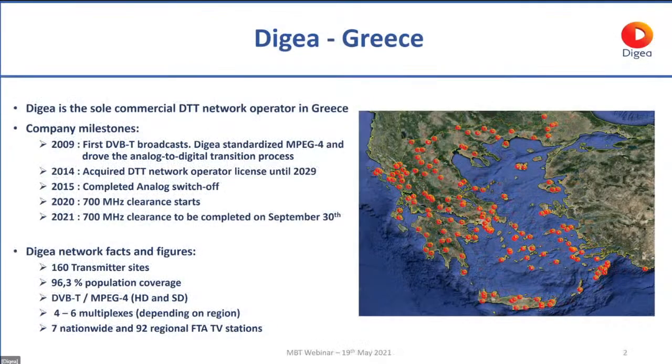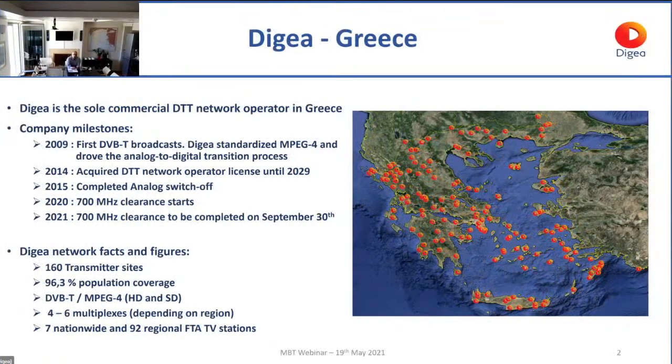Some milestones this year. The company has been established back in 2009. Then in 2014, we acquired the network license that expires in 2029. We completed the analog switch off in 2015. And last September, we started the clearance of the 700 MHz network.